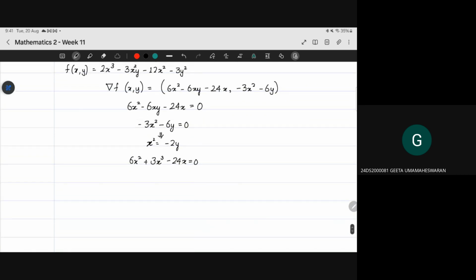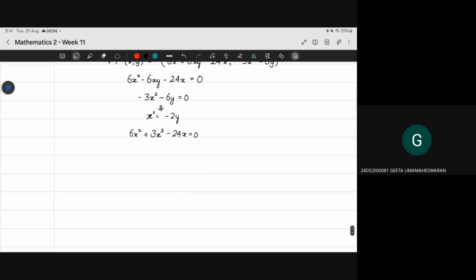Unfortunately, we have one easy solution, and I divide. So this gives me x is equal to 0. That is one possible solution. Or I have x squared plus 2x minus 8 is equal to 0.